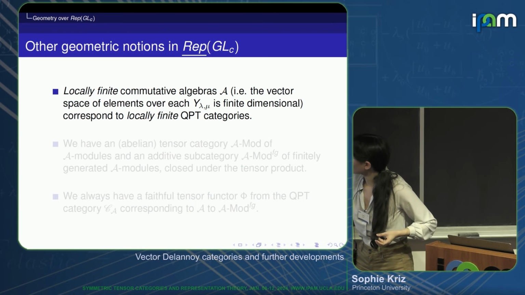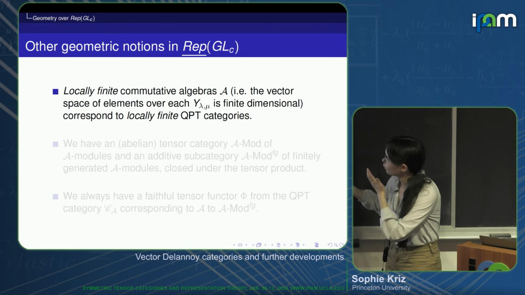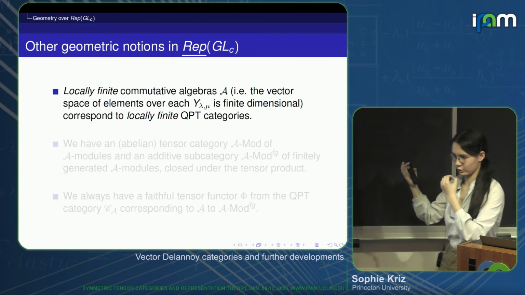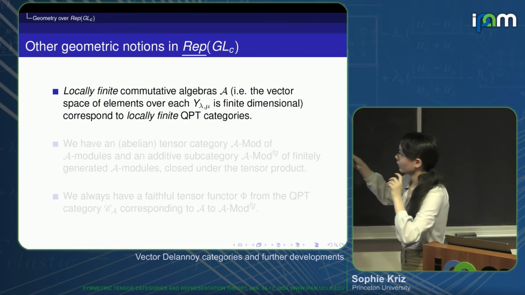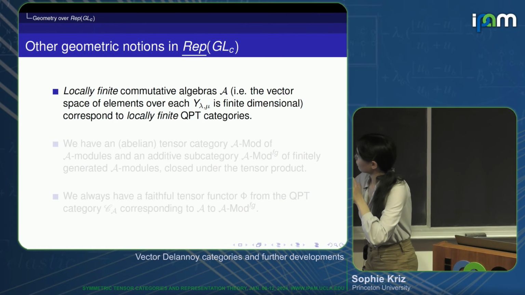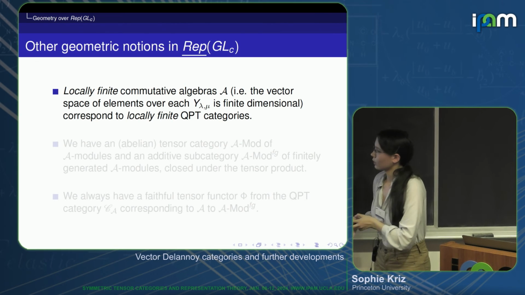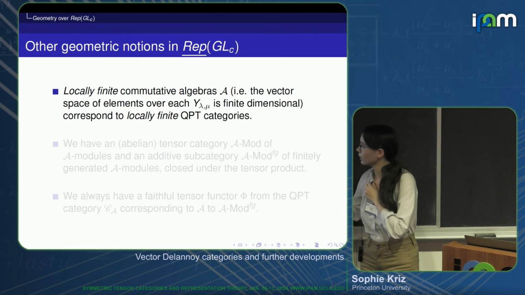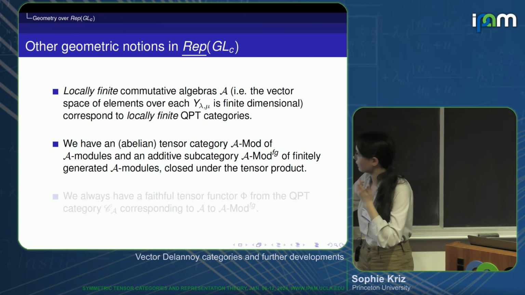So the geometric notions in Rep of GL_C do correspond well to things we want on categories. So for example, locally finite, by which I mean in Rep of GL_C, a finite dimensional vector space over each of these Y_{lambda mu}'s, will correspond precisely to locally finite quasi-Tannakian categories.